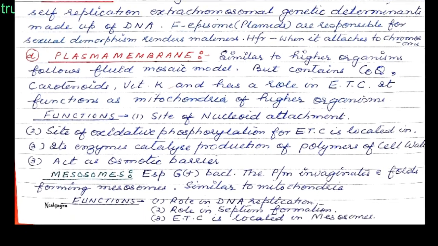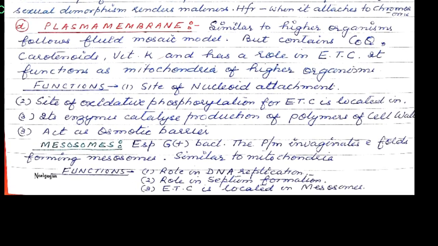The function of plasma membrane is, it is the site of nucleoid attachment. That means that their genetic material remains attached to the plasma membrane, which provides a site for its attachment. It doesn't float in the cytosol.